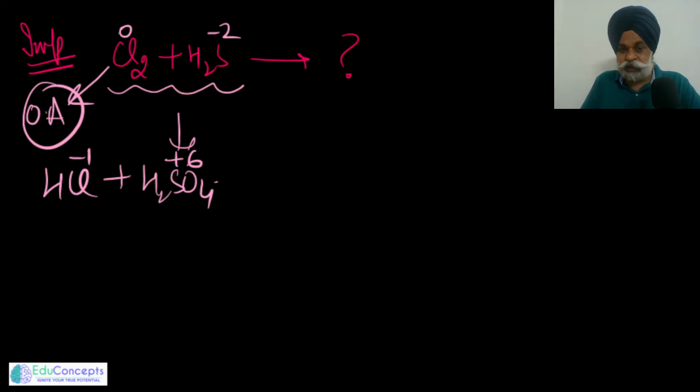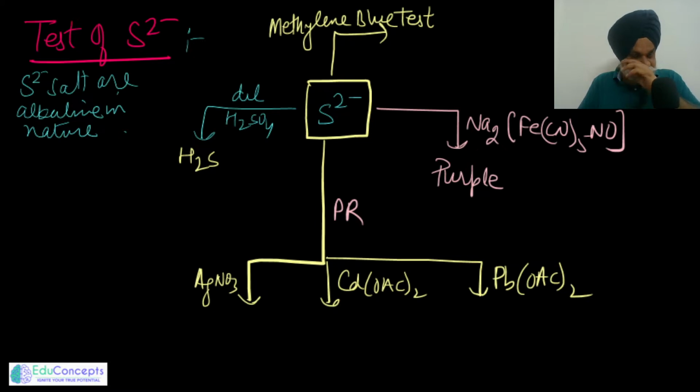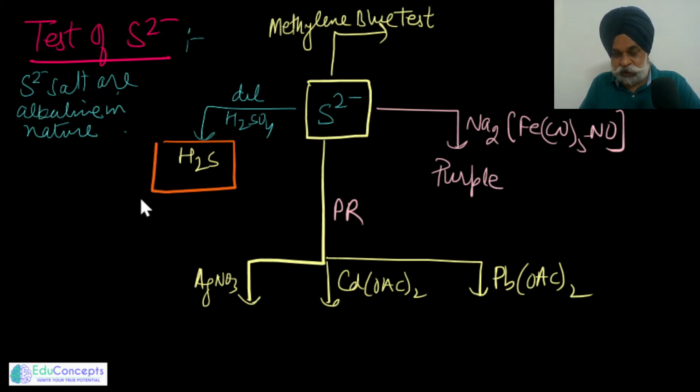Coming on to the next, the detection of sulfide ions. Already we have spoken about this: either you produce H2S gas, and H2S gas can be detected in many ways, which we have just spoken about, that this gives you cadmium acetate.